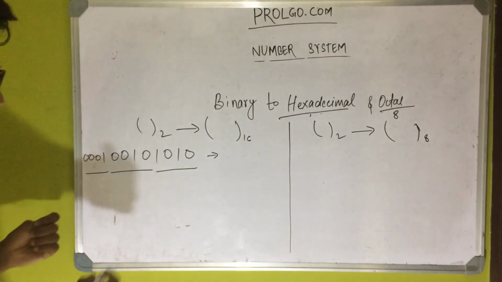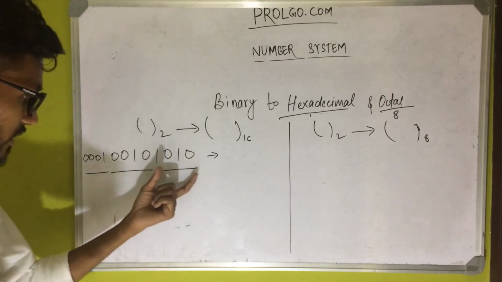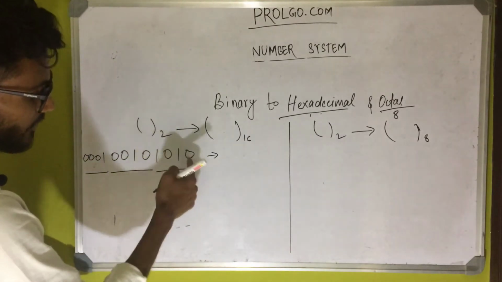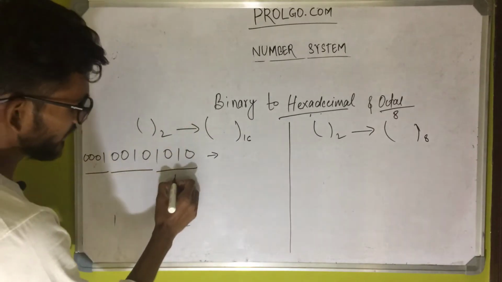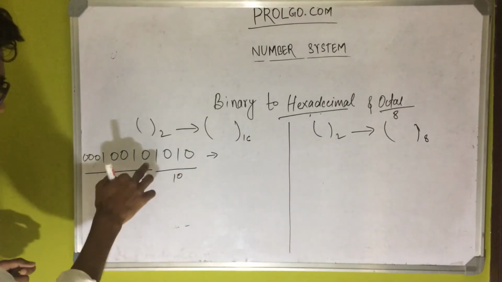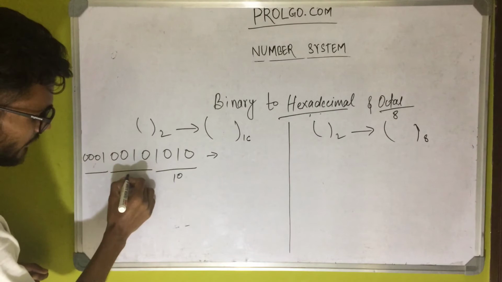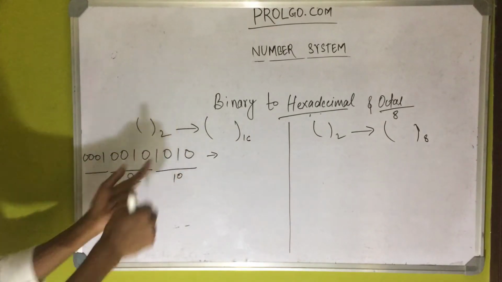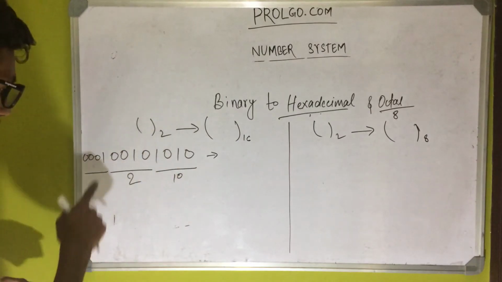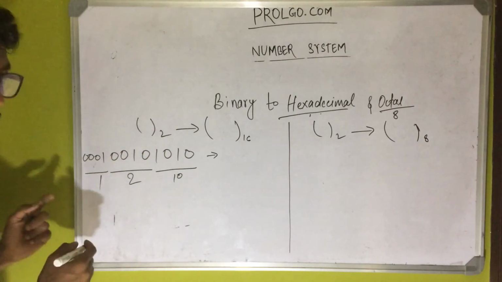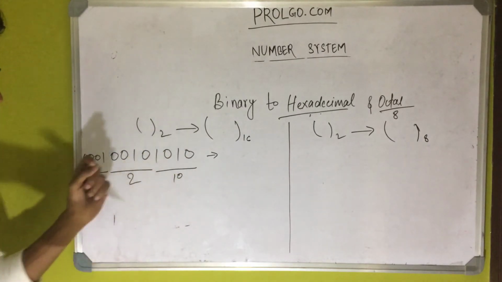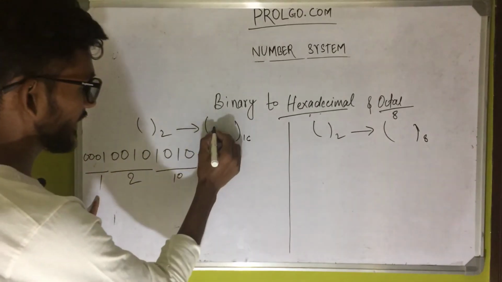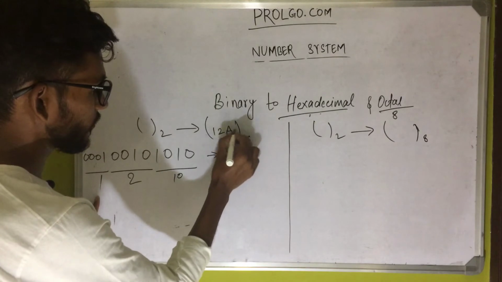Now convert this binary number into decimal. It would be 8 plus 2, which is 10, and this one will be 1, 2, and this will be only 2, because with weights 1, 2, 4, 8, only 2 bit is on, and then it's 1. In hexadecimal 10 is represented with A, so it would be 12A.